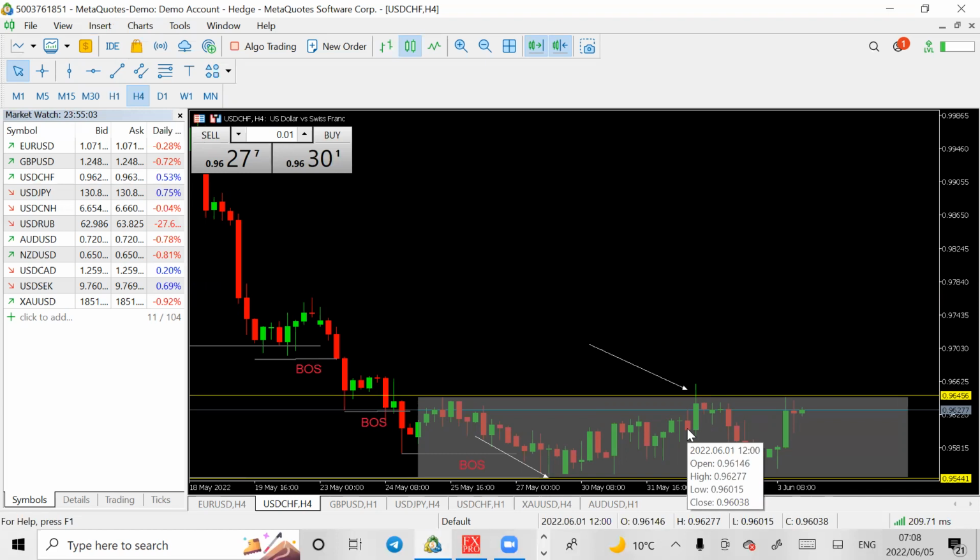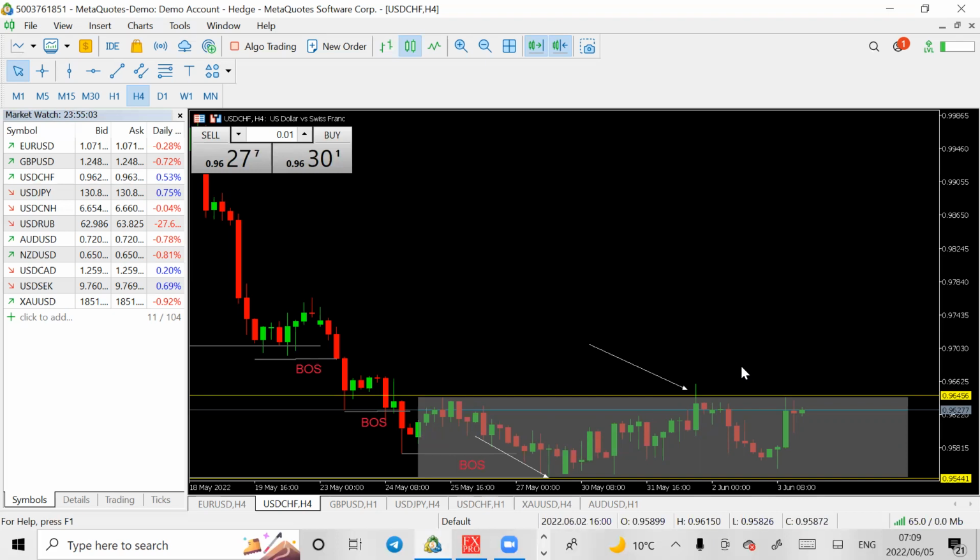Since you've explained that price is currently near the resistance, and since we've been in the range, it's been fading a couple of times. What are you expecting? What's your anticipation?